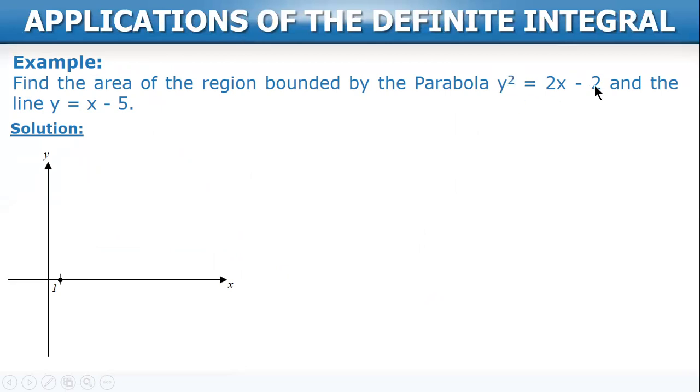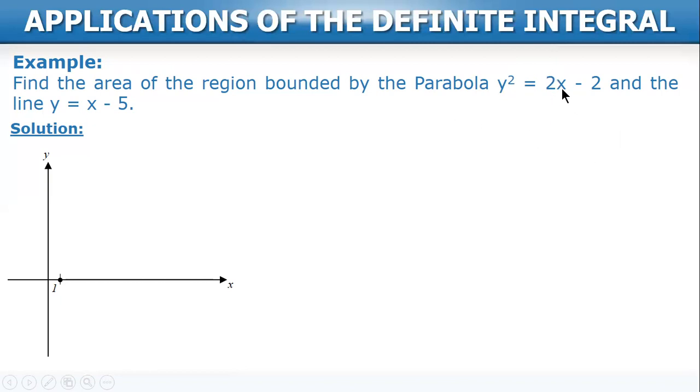Or y is 0, transposed, 2 equals 2x, so x equals 1. Now, dili pwede na x is less than 1. Like for example, if x is 0, y squared equals negative 2. And dili pwede. So, x must be greater than 1.